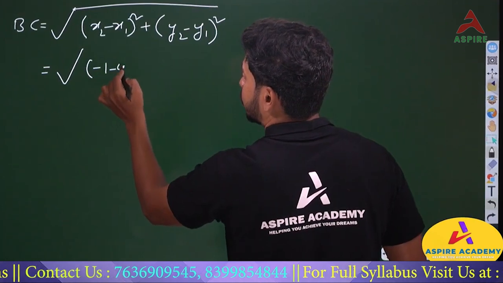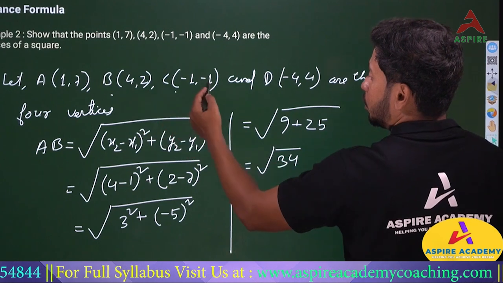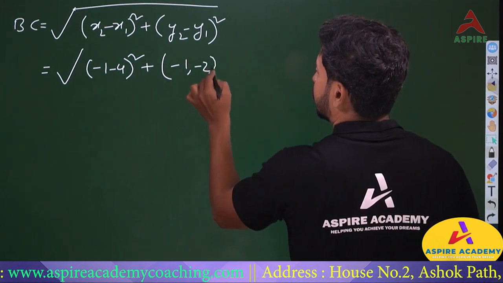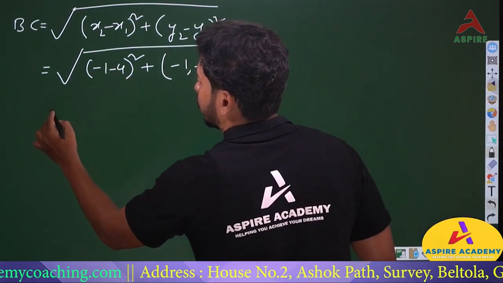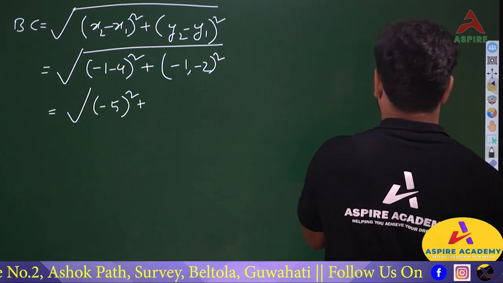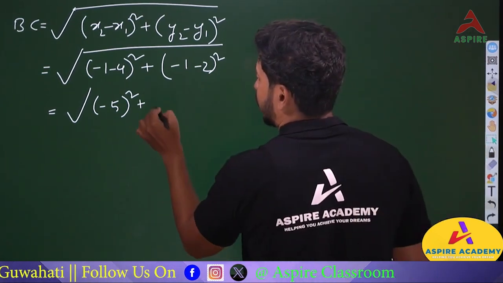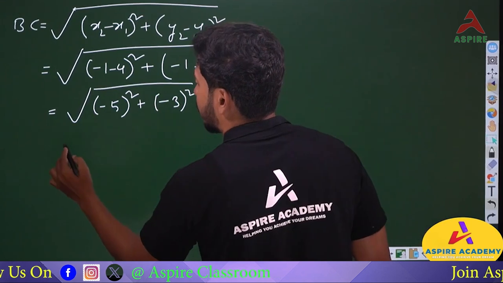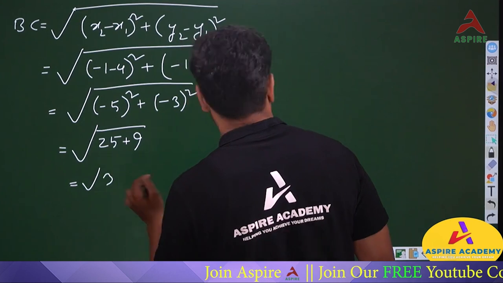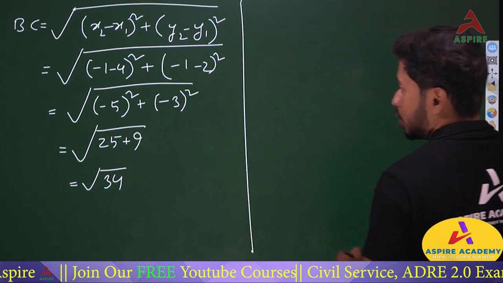So minus 1 minus 4 whole square plus y2 minus y1, minus 1 minus 2 whole square, equal to minus 5 whole square plus minus 3 whole square. So 25 plus 9, this is also 34. Okay.